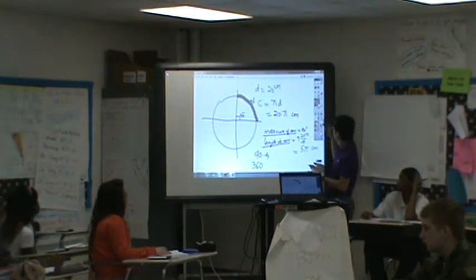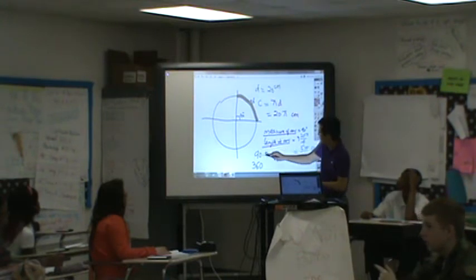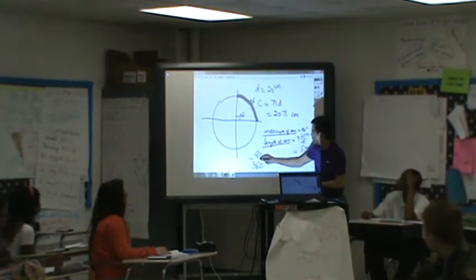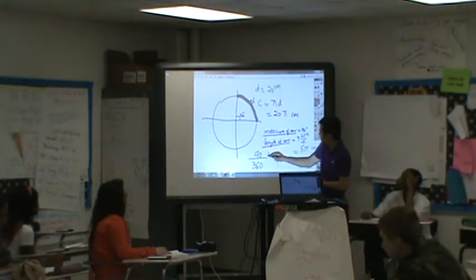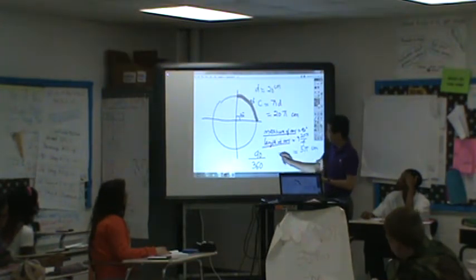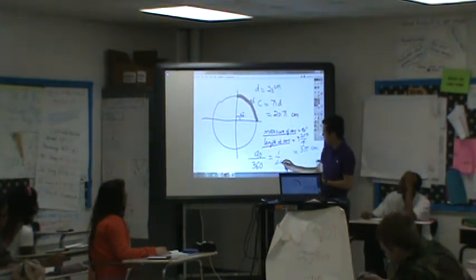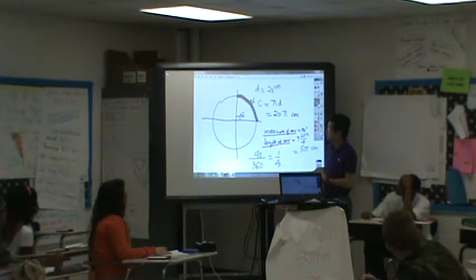So if I write this as 90 divided by 360, will this simplify to 1/4? Yes, 0.25.